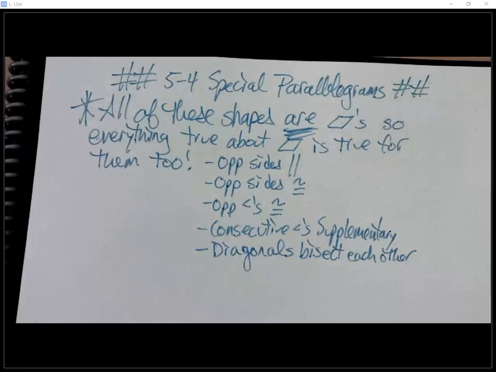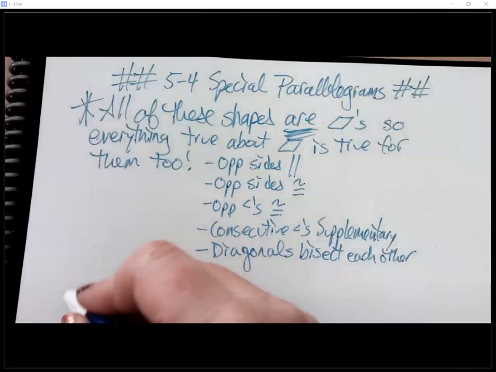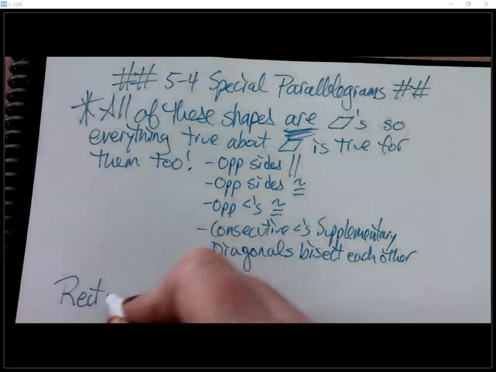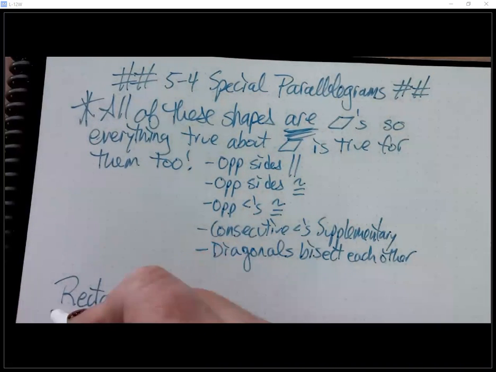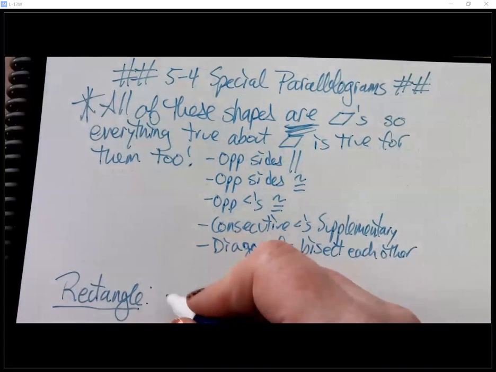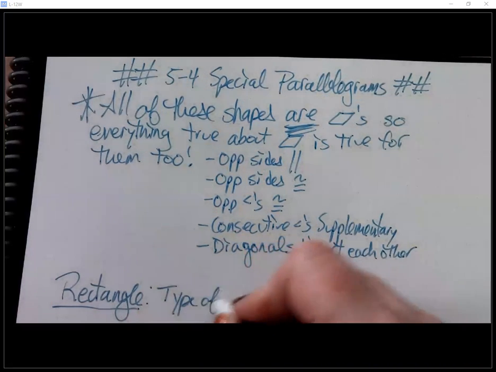Okay, so our first shape that is a special type of parallelogram is our friend the rectangle. I asked you, what makes a rectangle a rectangle? Aiden? Has two sets of parallel lines and more than that.